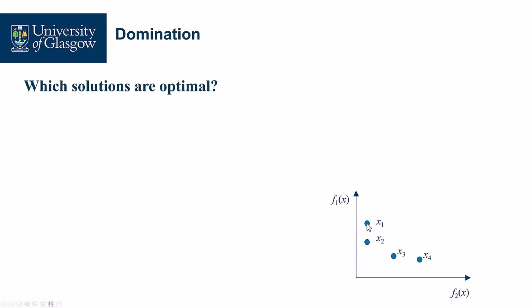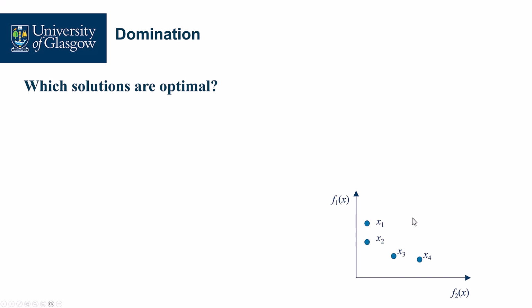We can see here that for x1 and x2, the f2 value is the same, but the f1 value of x1 is better than x2. And for x2, x3, and x4, in terms of the f2 value, going this way, it becomes better. But for the f1 value, going this way, it becomes worse.